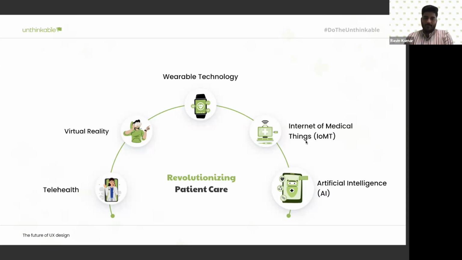When I say technological barrier, it relies on technology, access to high-speed internet or advanced devices, etc. Designing telehealth solutions that are easy to use and compatible with a wide range of devices and internet speeds could be a solution for that.